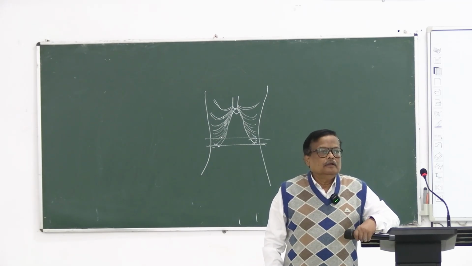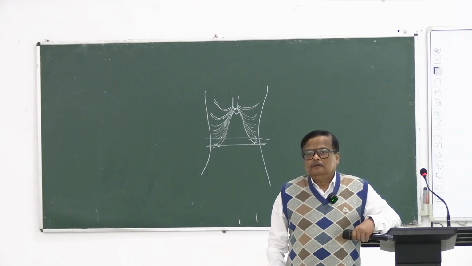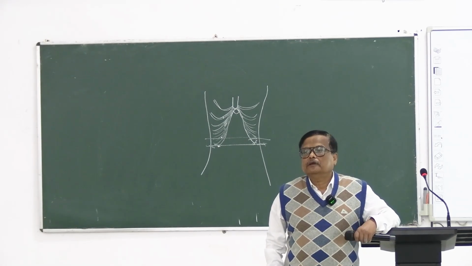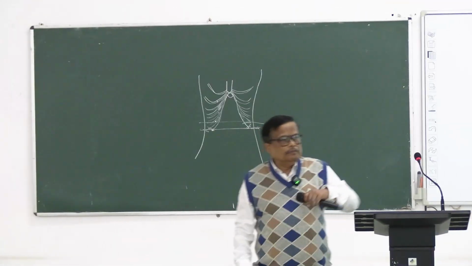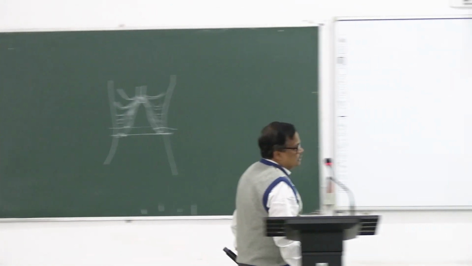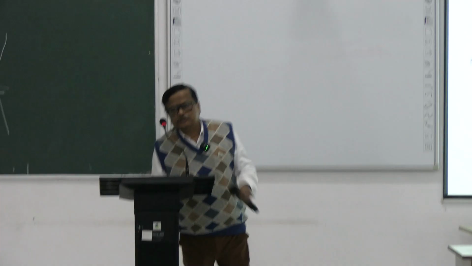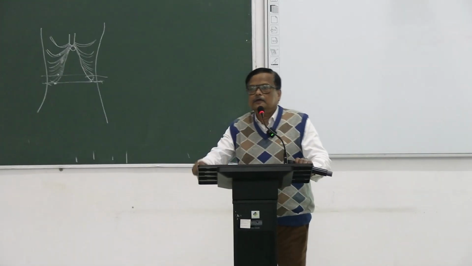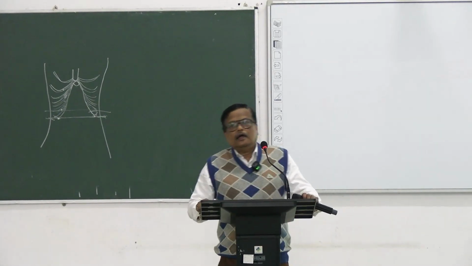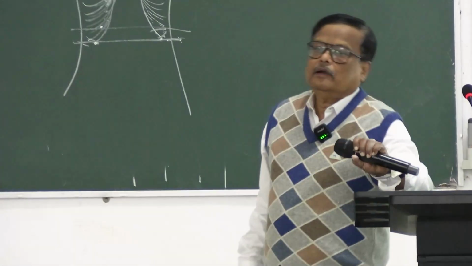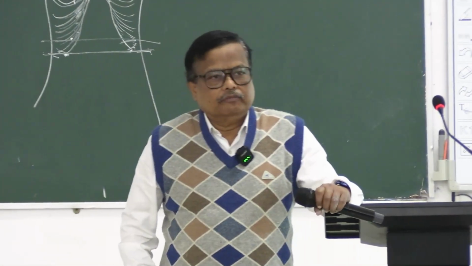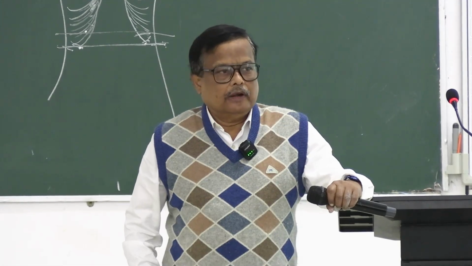What are they? Peculiarly, these nerves are derived from the thoracic nerves. You know, the thoracic nerves are 12: T1, T2, T3, T4, T5, T6, T7, T8, T9, T10, T11, and the last nerve is known as the T12 nerve, or another name is the subcostal nerve.